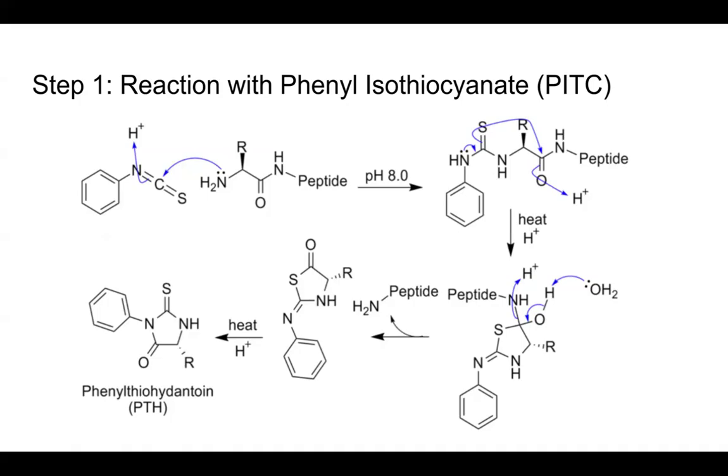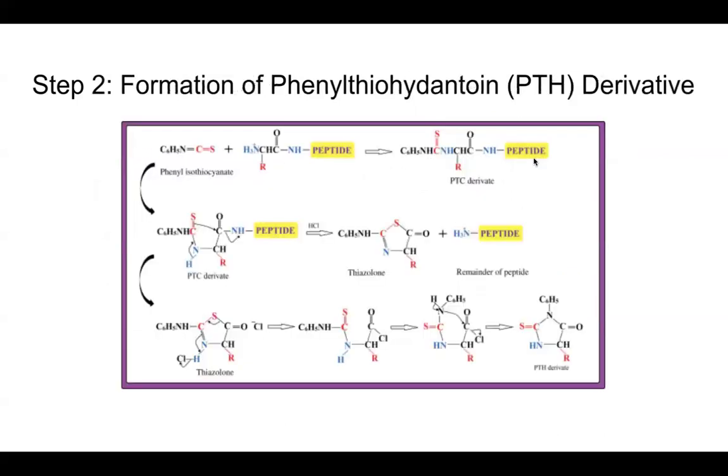So medyo alkaline dapat. What happens is that PITC reacts with the free amino group of the N-terminal amino acid to form a derivative called phenylthiocarbamyl or PTC. Okay, so yun yung derivative na nakikreate.